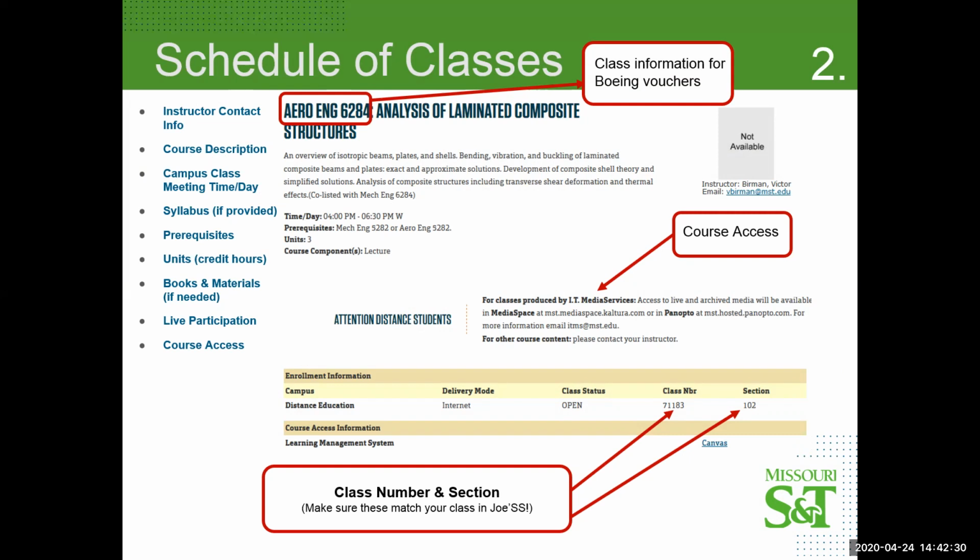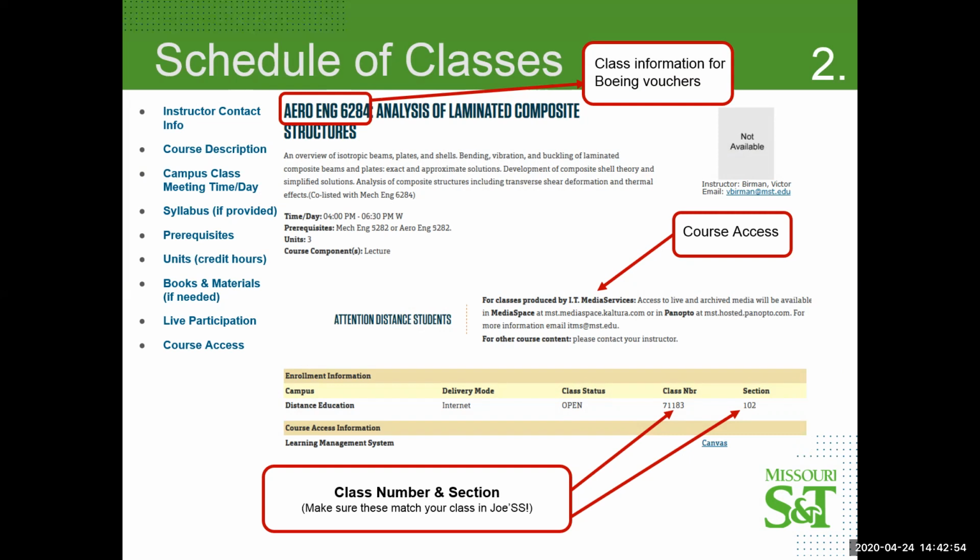So this one is blended with a live class that is on Wednesdays from 4 p.m. to 6:30 p.m. If you're wanting to participate live or you have a presentation, you can be there between 4 and 6:30 p.m. and actually be involved in discussions and watch the live lecture, things like that.